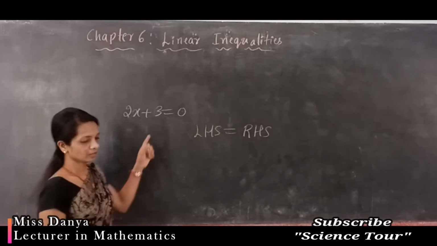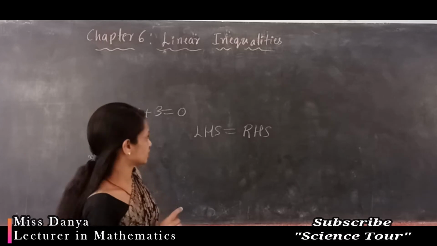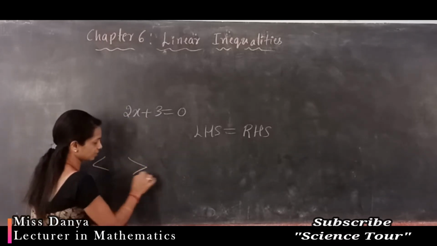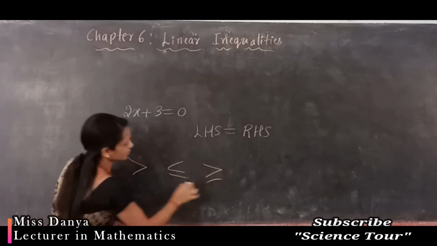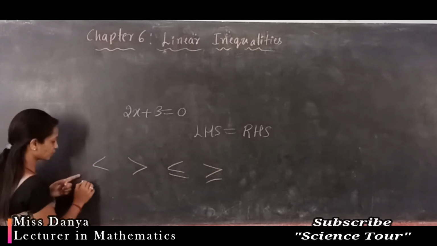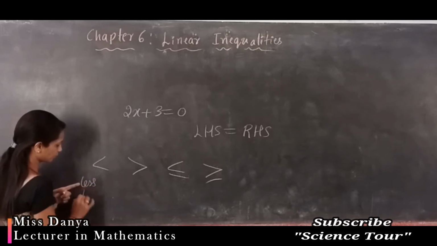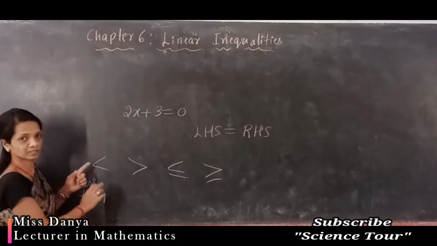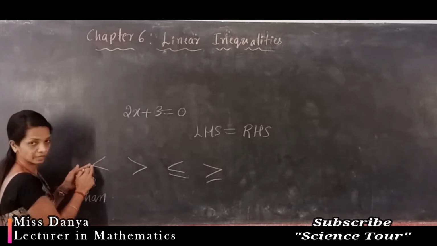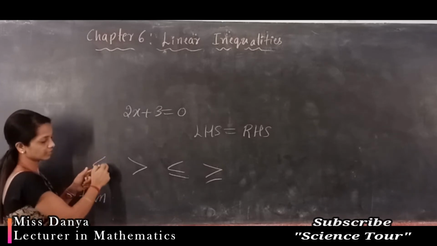But if you remove that equal to symbol and use these symbols instead, these symbols are called inequality symbols. This symbol is called the less than symbol. In this symbol, the lesser side is this one, and the greater side is this side.